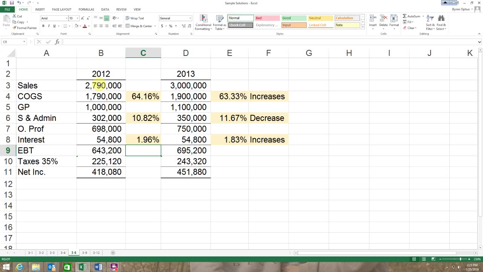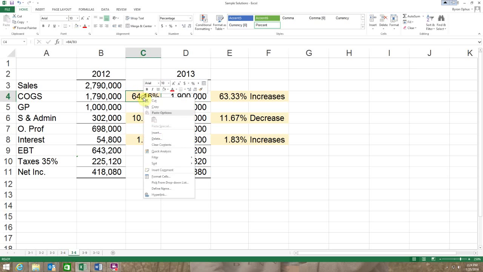Now remember, if an expense goes up, the profitability goes down, or the contribution to profitability goes down. If an expense goes down, then the contribution to profitability goes up. Okay, so I repeat these over here. I just repeat the formulas, and honestly, I can, how come it's not doing it?